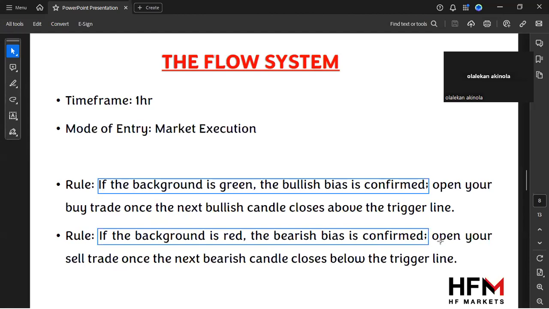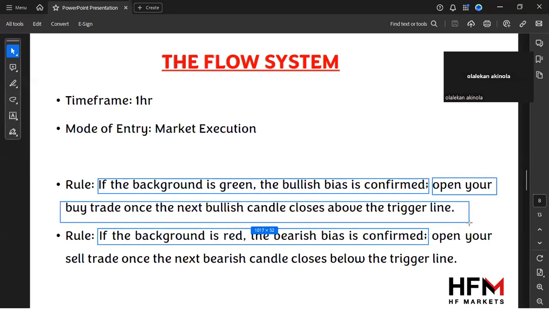And then when you have the confirmation of your bias in the market, it comes with a way you can use to enter into your trade. Number one, open your buy trade once the next bullish candle closes above the trigger line. There's something called the trigger line. We're going there right now.